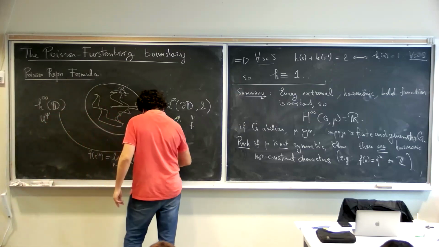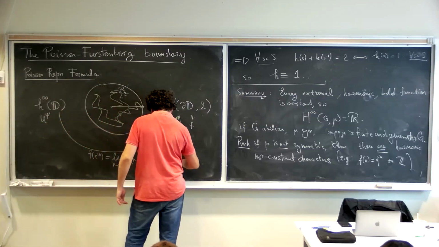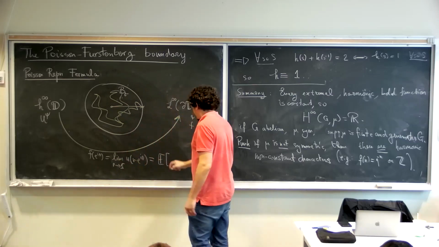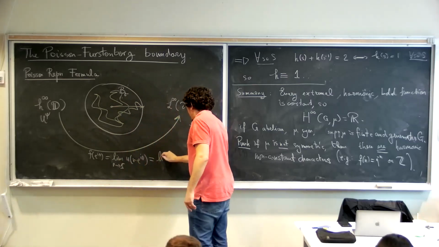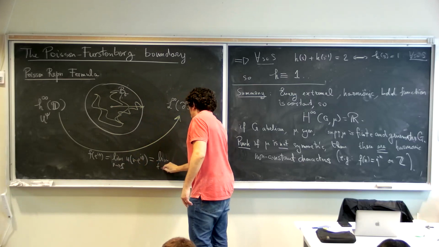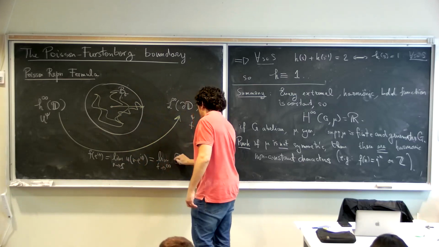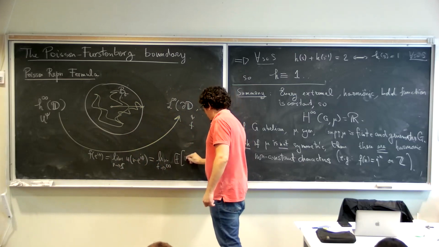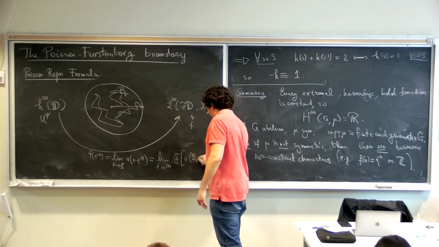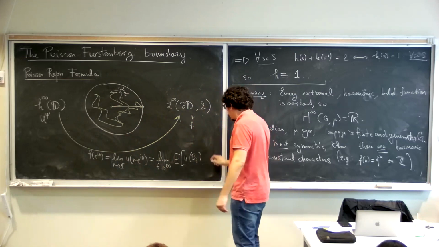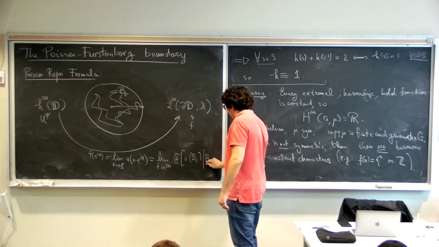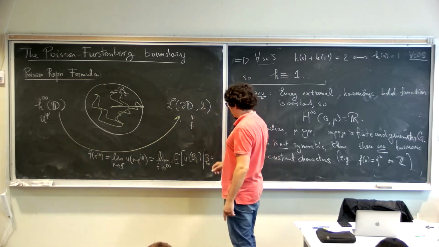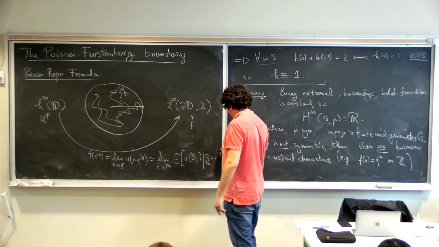This is much more highbrow: it will be the limit, as t, the time, goes to infinity, of the expectation of the value of u over the Brownian path, conditioned on the fact that the Brownian path at infinity converges to e to the i theta.